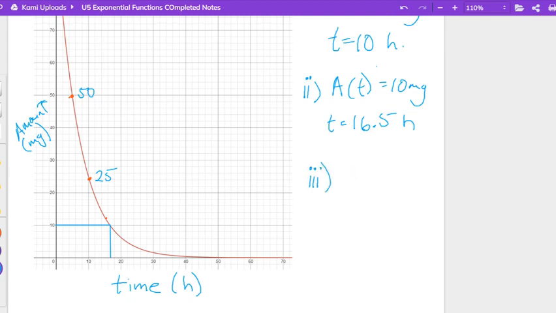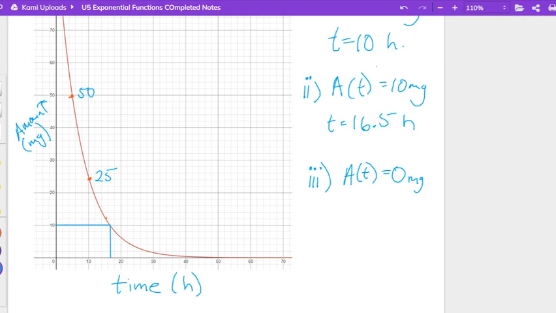And then, when will the amount be equal to 0 milligrams? What do you think, Greg? The asymptote is at y equals 0.